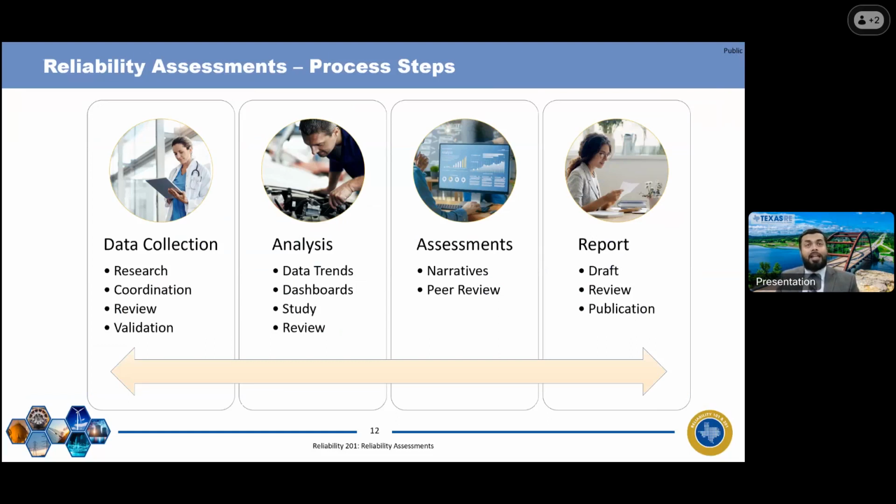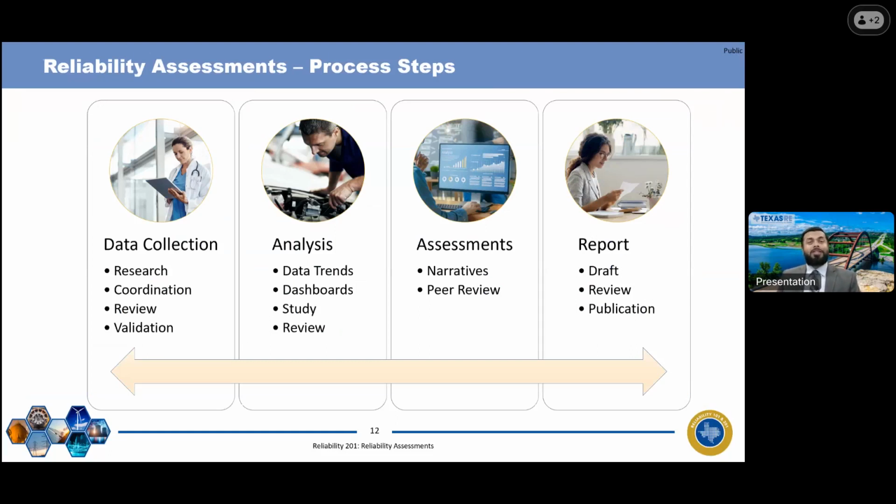As a result of the analysis, a variety of dashboards get created, and they also go through a review process. The regions get involved as part of the review of the dashboards and data trends, which is known as a peer review process. NERC works with the regions to collect final assessments, which are done independently by the regions.